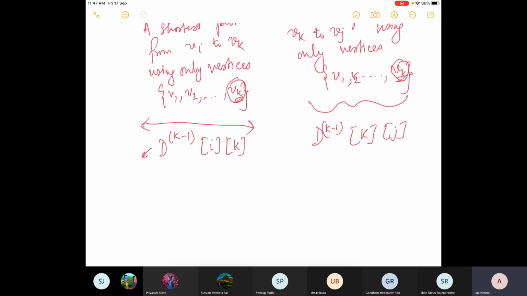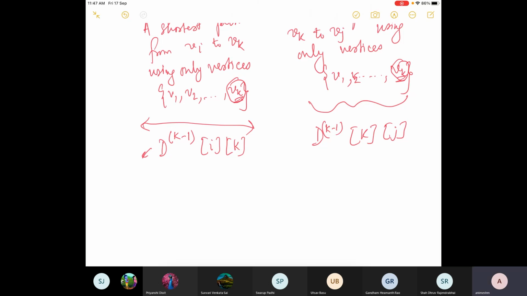If there was some shorter path, then we could have constructed it already using v1 to vk minus 1 as the intermediate vertices. So there cannot be anything shorter. Similarly from the other side.